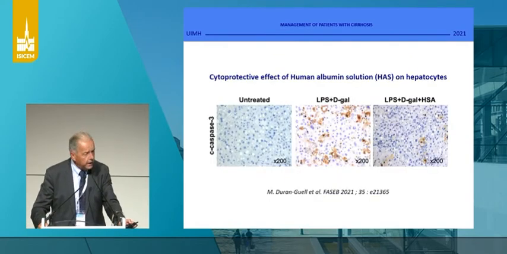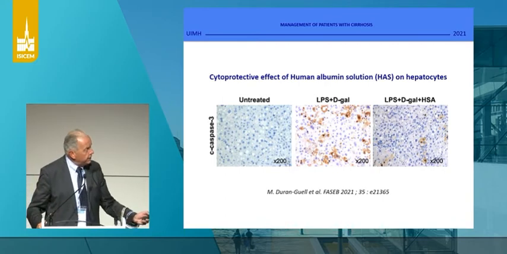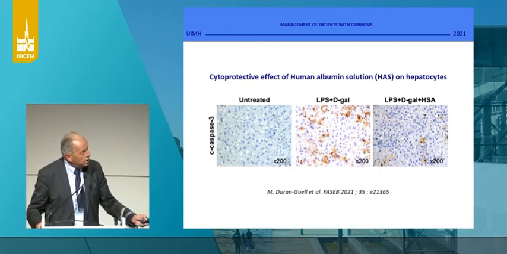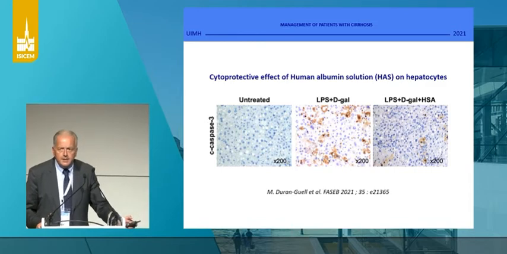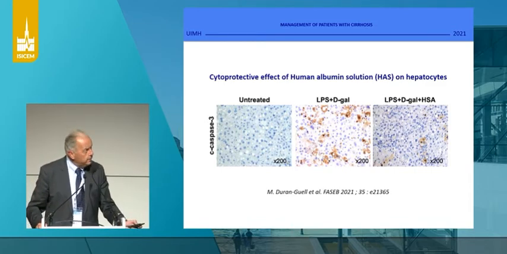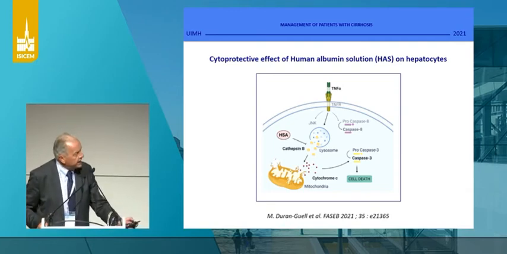These are hepatocytes from mice, and you can see the effect of albumin on the prevention of the effect on the hepatocyte of LPS and the hepatic toxin D-galactosamine. Why? Because albumin is capable to prevent the effect of TNF-alpha on lysosome, so the release of cathepsin B.